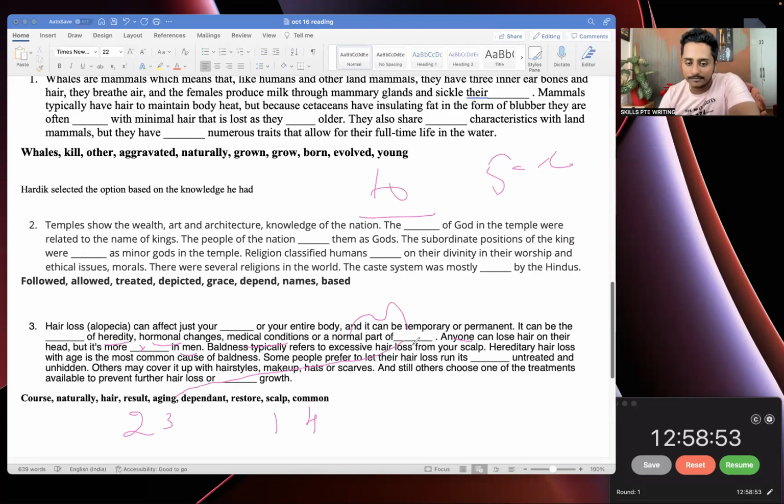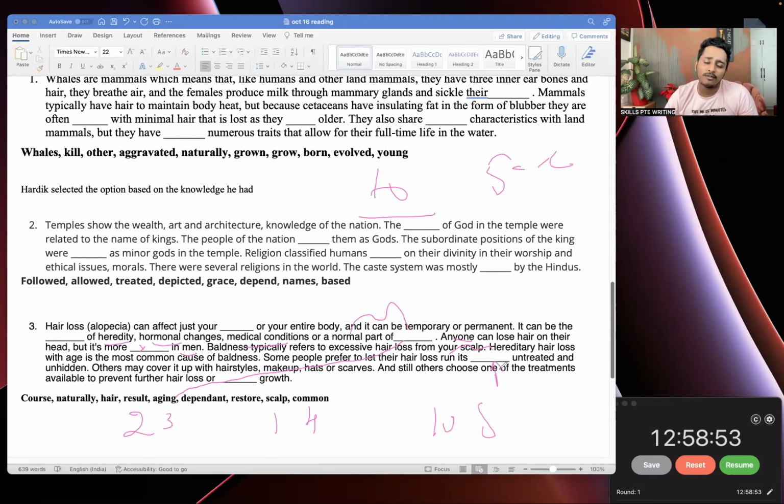Please continue. Hereditary hair loss with age is the most common cause of baldness. Some people prefer to let their hair loss run its course untreated. What does it mean? Okay, I'm going to give you 10 more seconds. Put the word naturally and try to convince yourself that grammatically it is correct. Take time.